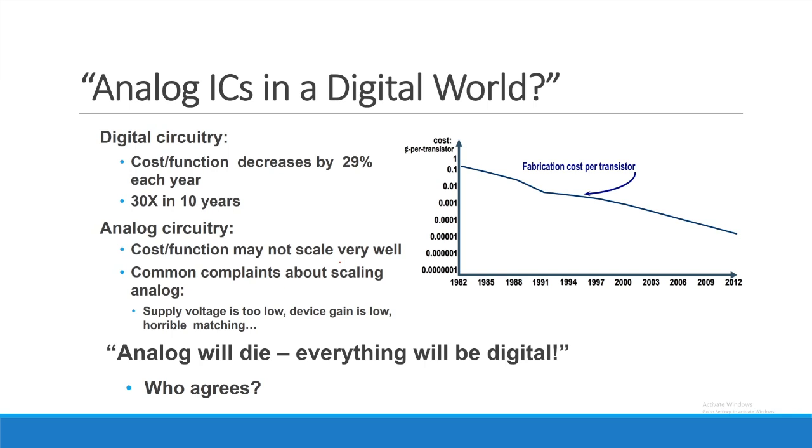Well, as I'm sure you've heard many, many times by now, there's that famous Moore's Law thing. Moore's Law basically said, okay, if I scale technologies, then what it costs me to implement some function should go down by something like 30% each year. Just to put that into different terms, that means it's a factor of 30 every 10 years.